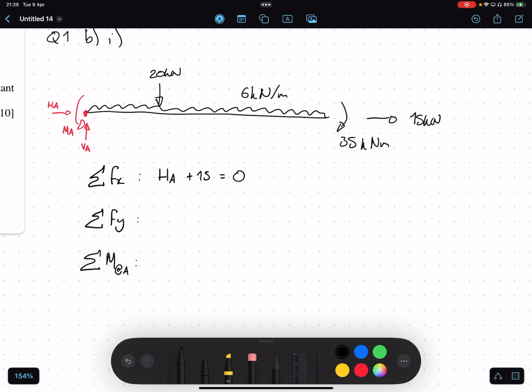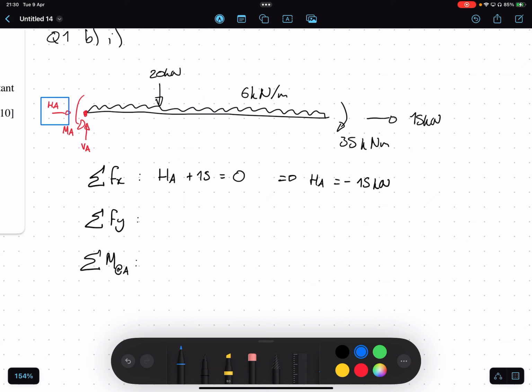So through a bit of rearranging, we're going to see that we can get HA straight away. We're going to get HA is equal to negative 15 kilonewtons. So what does that mean for us? Well, it means that our original assumption here was the wrong way around.